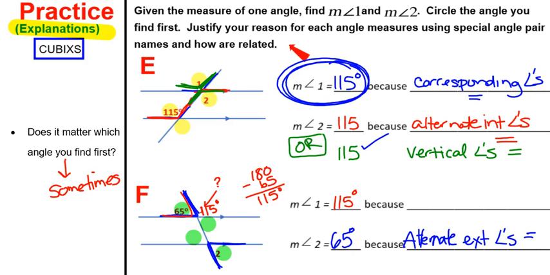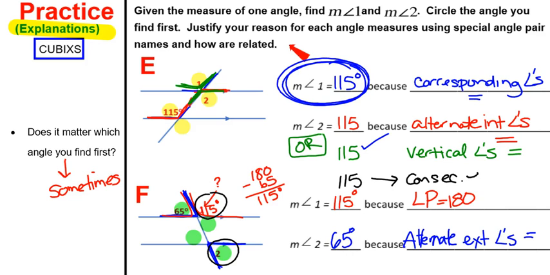I can make a linear pair and say linear pair equals 180, or I can do consecutive exterior angles equal 180, but depending on which one I did first, it would matter. So in this case, we found angle 2 first, and then we were allowed to say either the red or the black. If we didn't find angle 2 first, then we wouldn't be able to use the consecutive exterior angle rule.